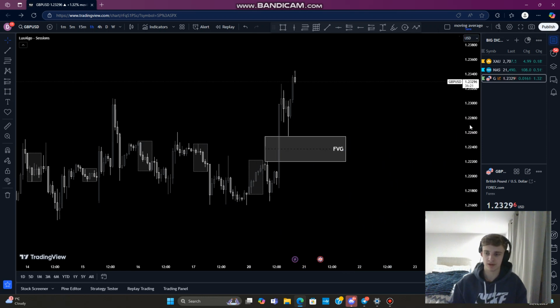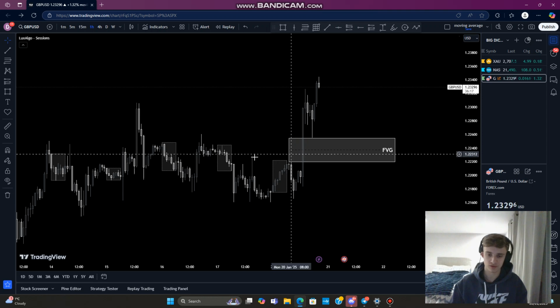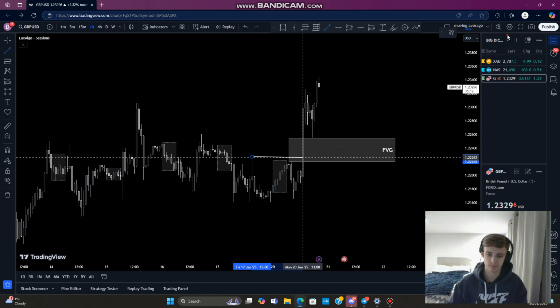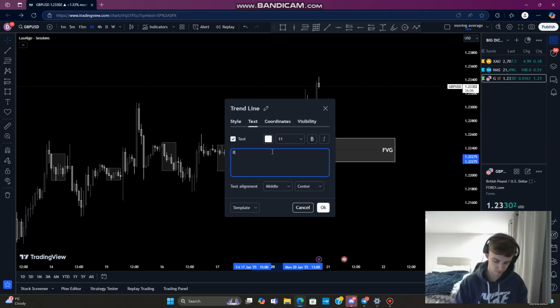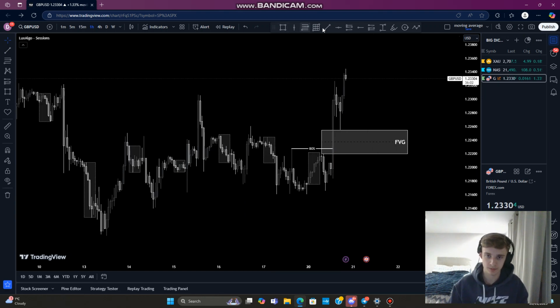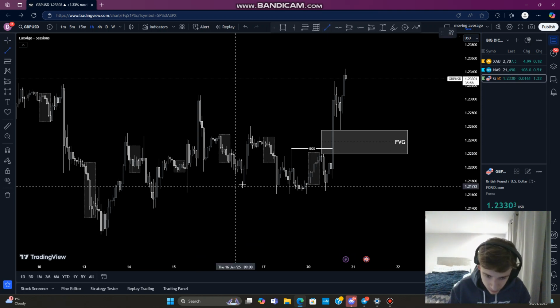And what we're thinking here, what we want to see is, so we broke structure to the upside here. This is a pretty solid surplus actually. Break of structure, had a sweep low, and basically what I'm looking for after this, can we?